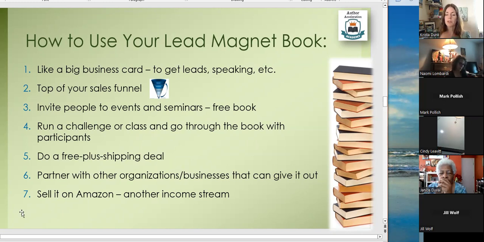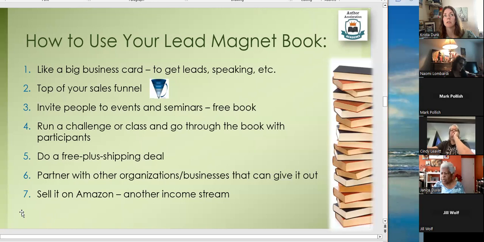And what if you partnered with some other organizations or businesses that could give your book out? If your target reader is a certain group of people, and you know of an organization or a business that works with that group a lot, could you have some sort of collaboration that could just give out copies of your book to those people, in hopes that some of them would then want to work with you in the future in some way?